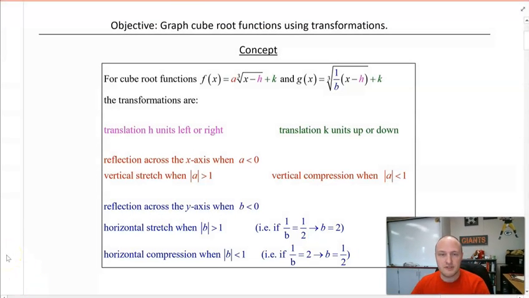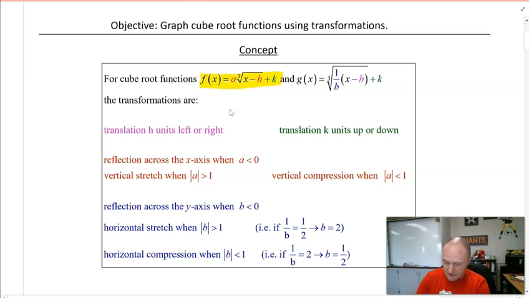Now, for some prior knowledge, here we have the general form of the cube root functions. It is f of x is equal to a times the cubic root of x minus h plus k. Now, this time we have a parameter of a, but it is also possible to have a parameter of b.